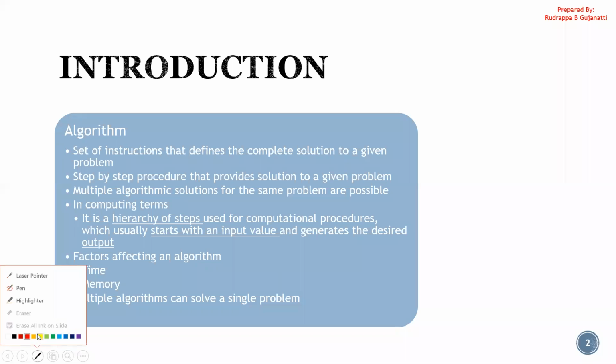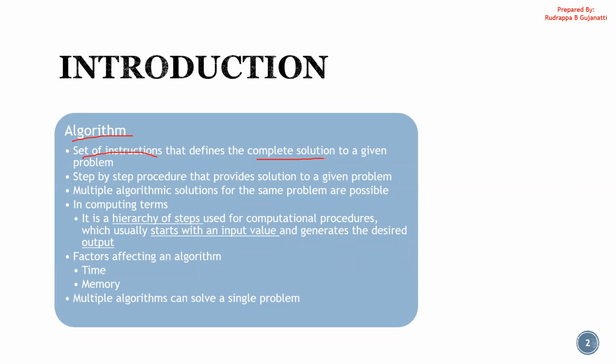So what is an algorithm? As we have seen, we have written many algorithms. In an algorithm, we try to give an overview of a solution to a given problem. When I define an algorithm, it is basically the set of instructions that define the complete solution for the problem at hand.